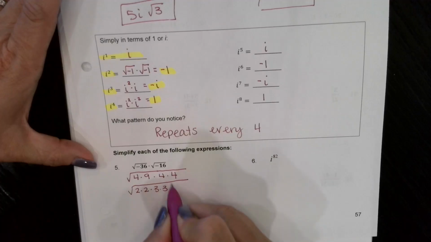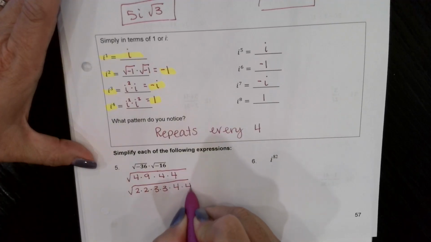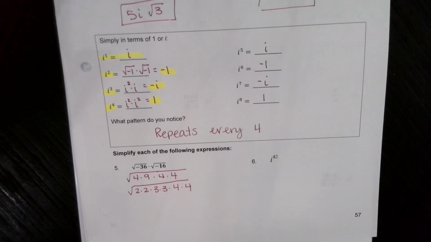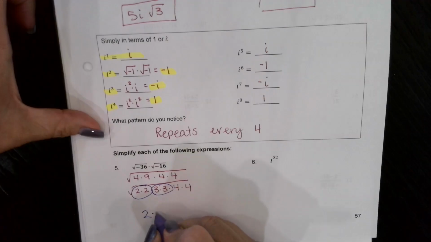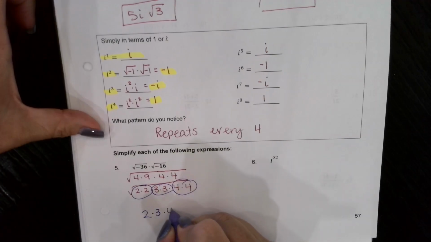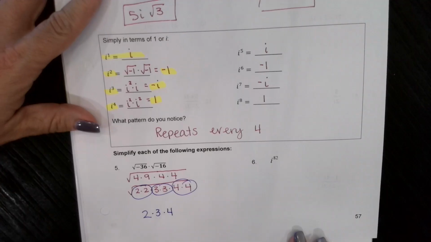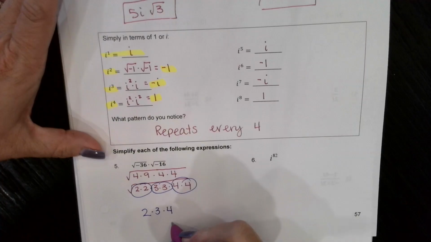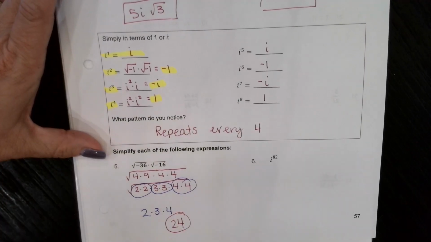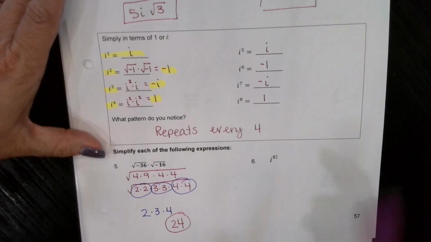And this is already a pair, so I'm not going to break that down, 4 times 4. Now what you see is I have all of these pairs. I can bring out a 2, a 3, and a 4. If I bring those out, I multiply them all together. So this is 6 times 4, so this is 24. Now, -1 went away. There's no negative, there's no i. Sometimes when you do this, you won't have an i either.